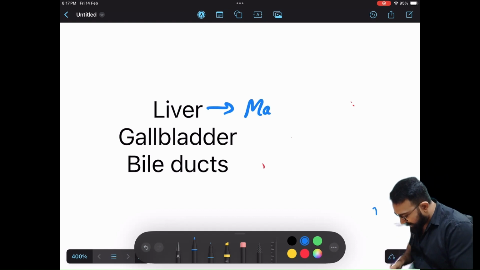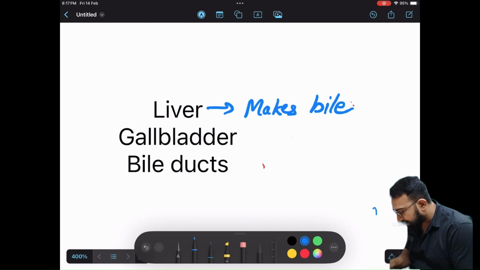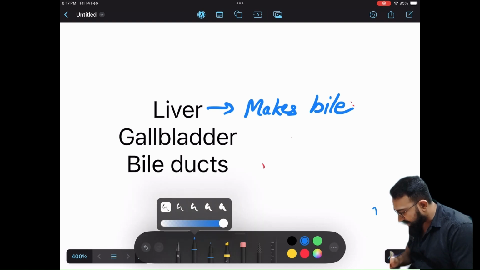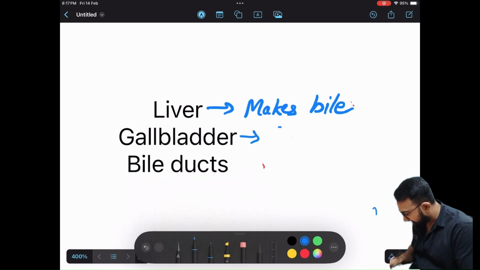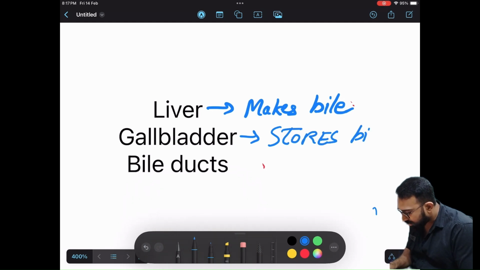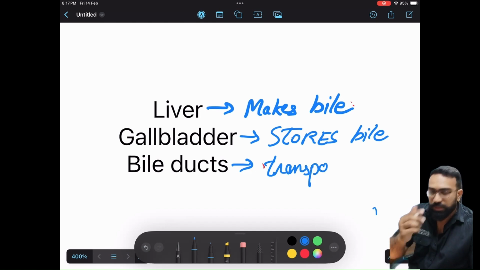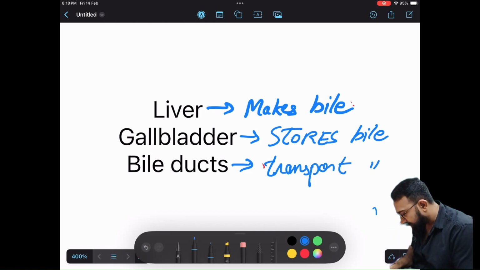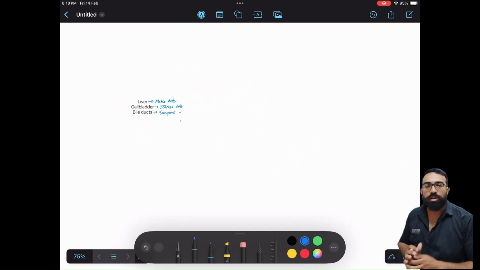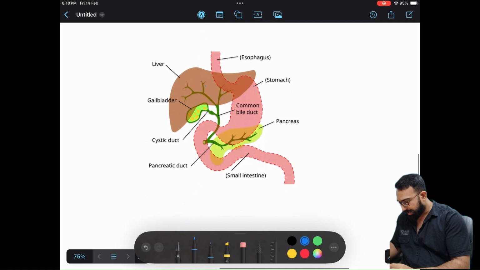The liver is the one which makes bile. The gallbladder is the one which stores this bile. Bile ducts are the ones which obviously transport the bile.